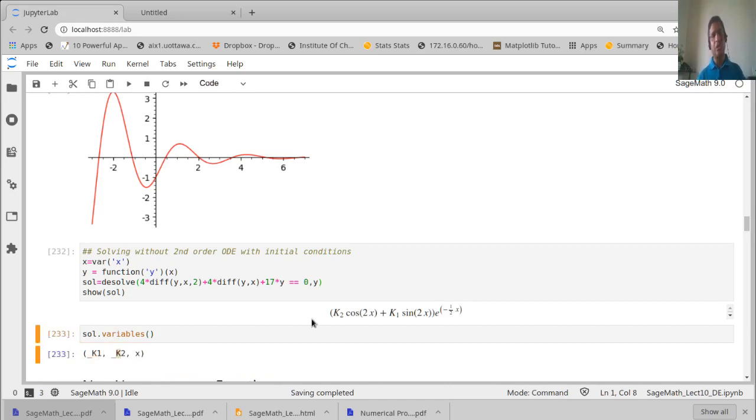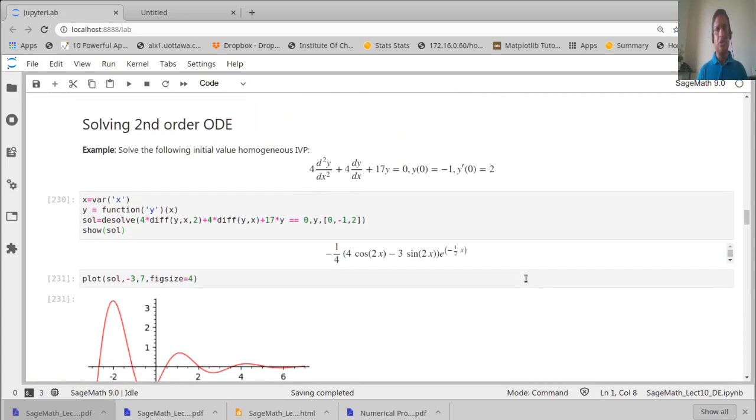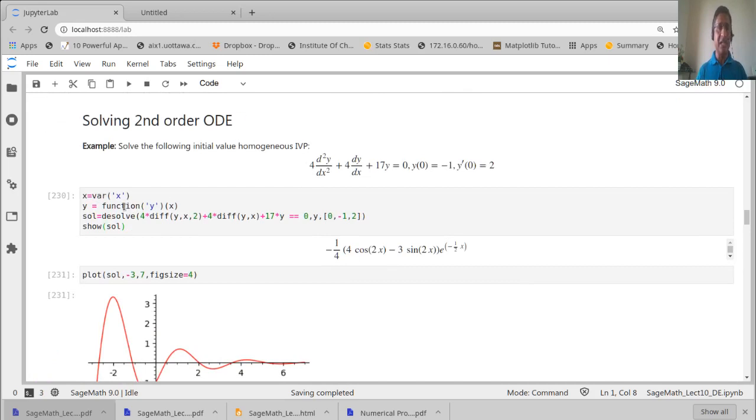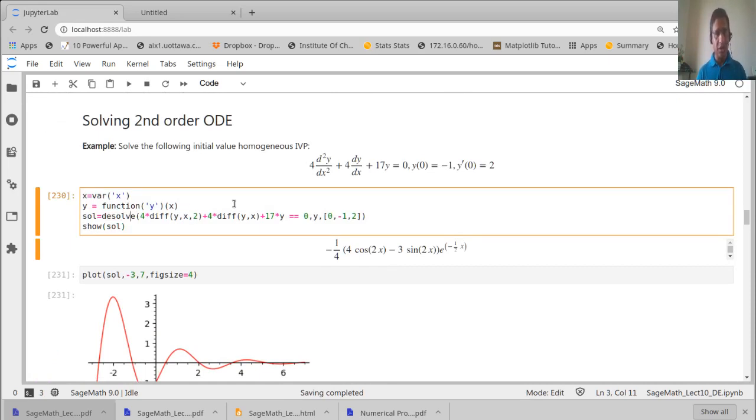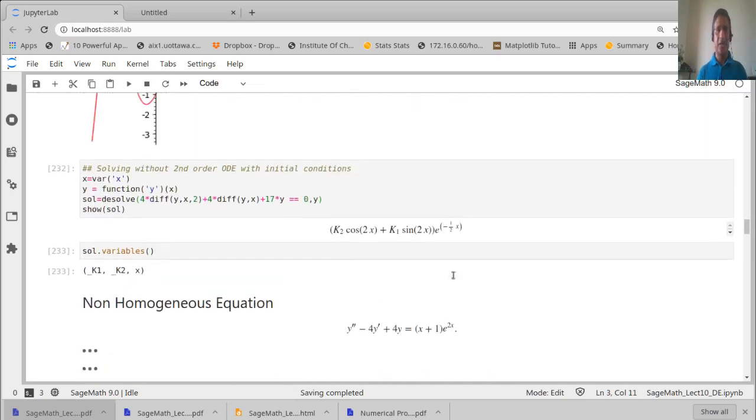So again, if you want, you can plot the solution curves for various values of k1 and k2 and see how this solution changes, right? So you can use the same dsolve to solve first order ordinary differential equations as well as second order ordinary differential equations, both without and with initial conditions, right?